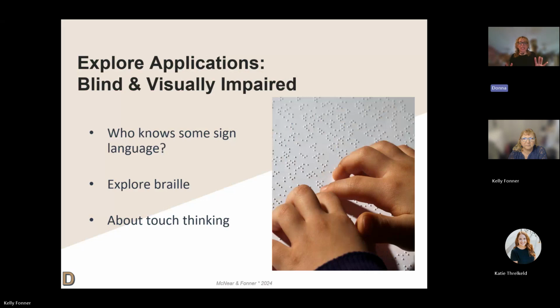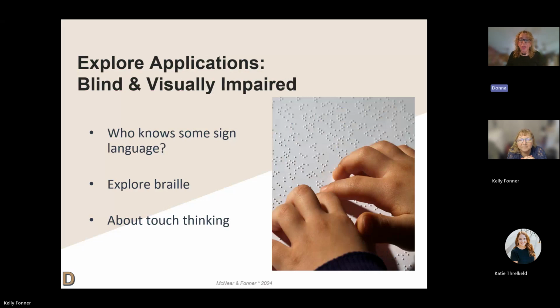And so I just want to begin this and taking you into this realm of Braille by saying, who knows some sign language? So Kelly does. And I bet most of you who are in the audience have been involved with some sign language. I certainly have throughout my career, certainly with students who are deafblind, but even beyond that, we use a lot of sign language.